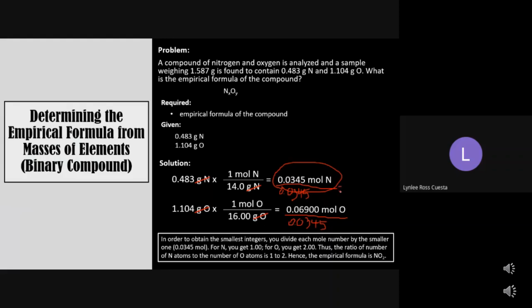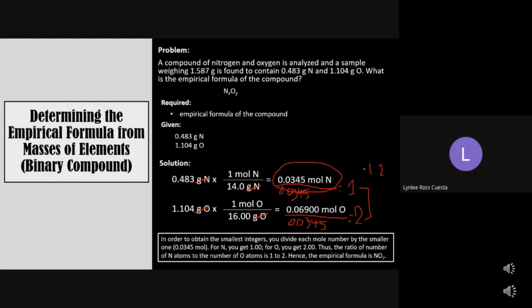When you calculate this, you'll have 1 for nitrogen, and for oxygen, you'll have 2. So we know now that the ratio of the number of nitrogen atoms to the number of oxygen atoms is 1 is to 2.